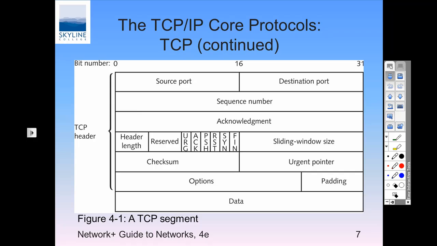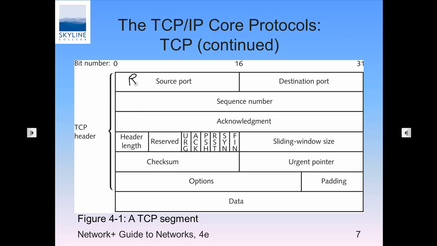If we're going from our machine, the client machine, the source port is going to be a random port, which means it's going to be a not well-known port. Well-known ports are those where the services that we know about run.